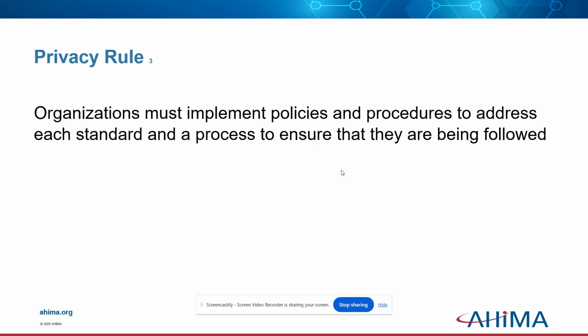We know that organizations must implement policies and procedures to address standards and a process to ensure that they are being followed. And to some degree, a process or procedure or internal control to ensure that they are being monitored as well.